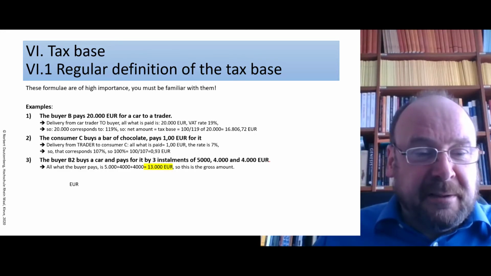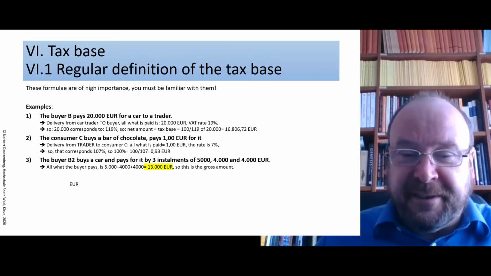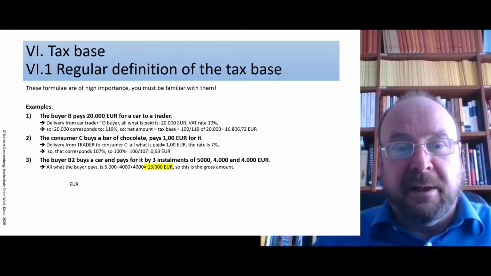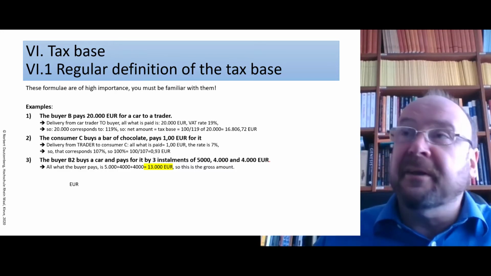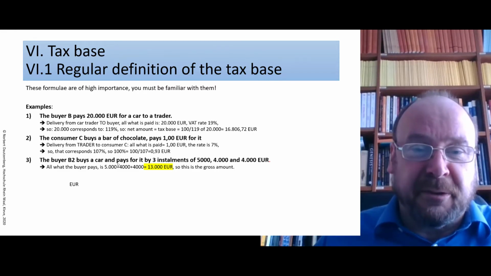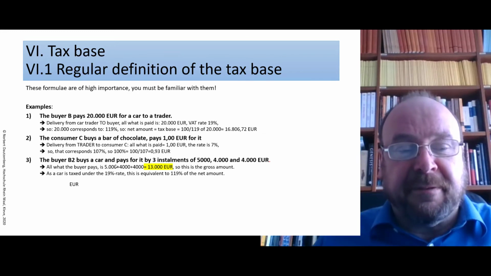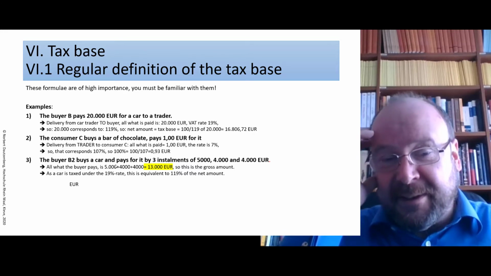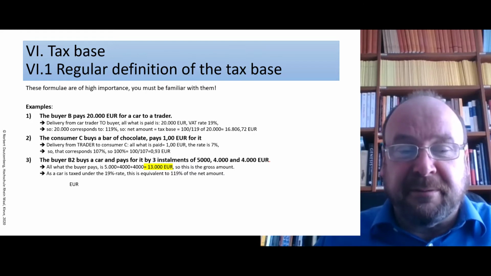And after that very small break, you see now that miraculously that 11,000 has been turned by heavenly forces into a 13,000, and this is now the correct total and is evidently the gross amount which our car trader gets. Now, if a car is taxed under the 19% rate, this 13,000 must be equivalent to 119% of the net amount.